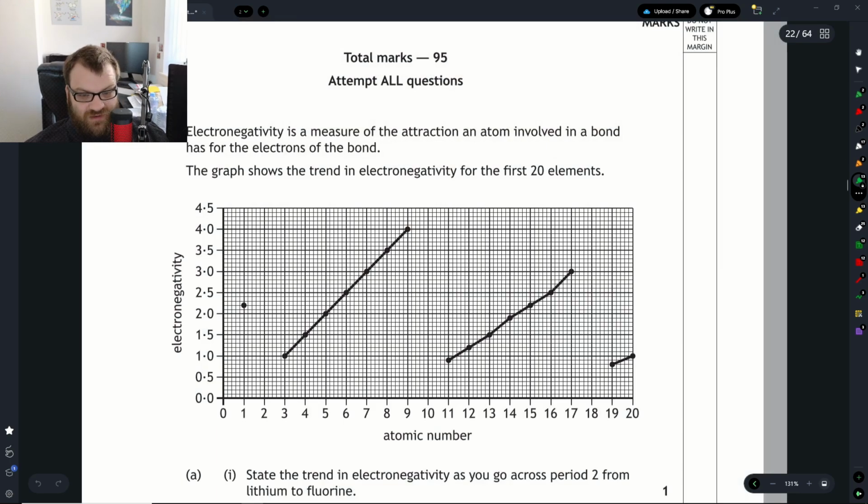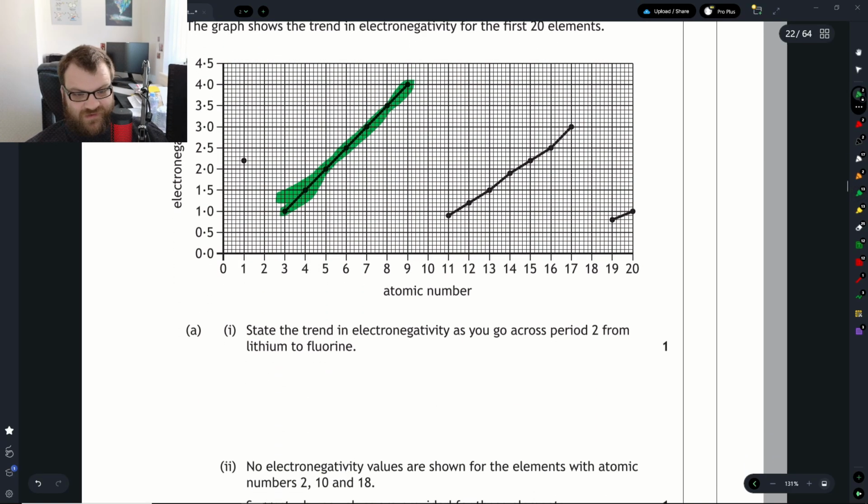Therefore, we're dealing with this part here. You will find that as we go across the period, those values are getting bigger. We just want to say that the trend is increasing. We don't need to explain it in this question, just say what happens.